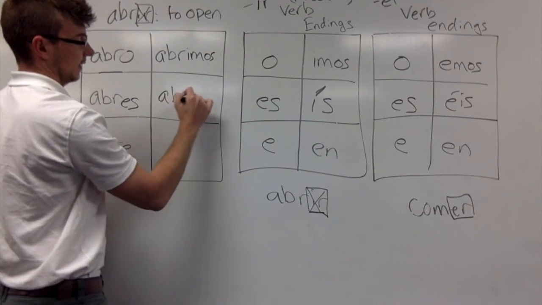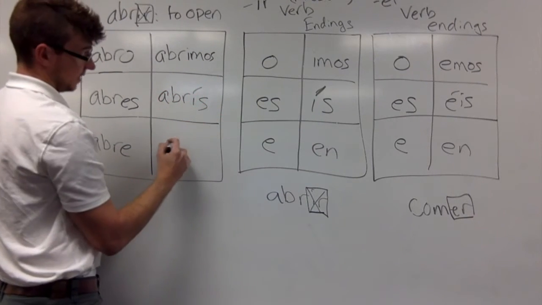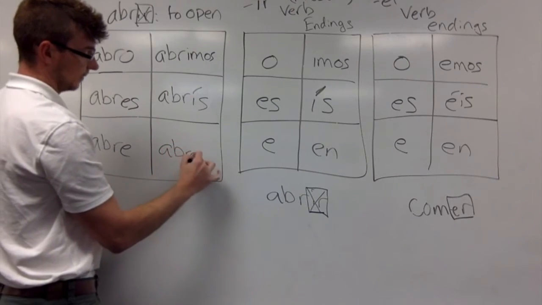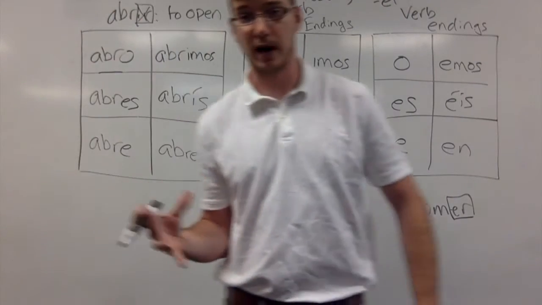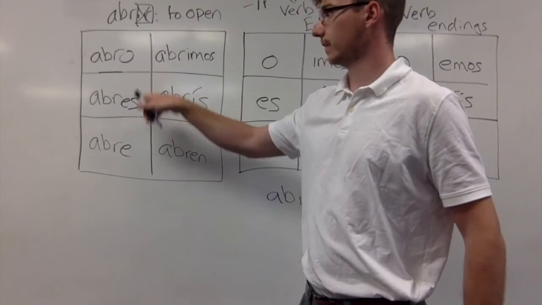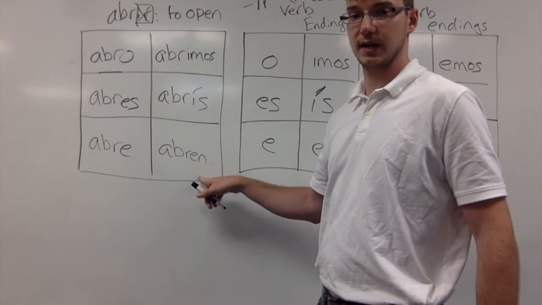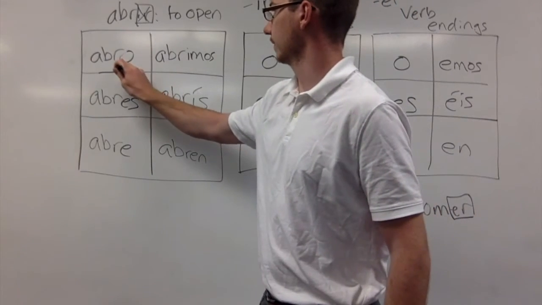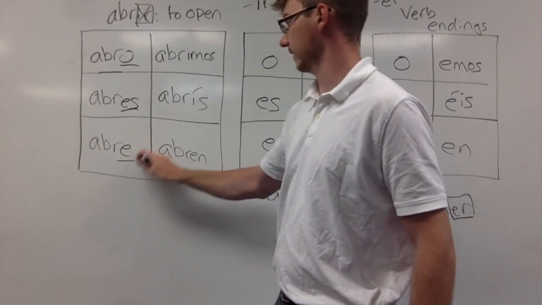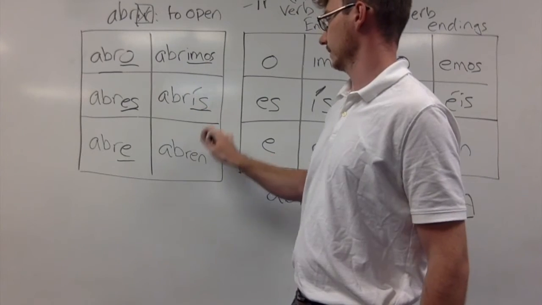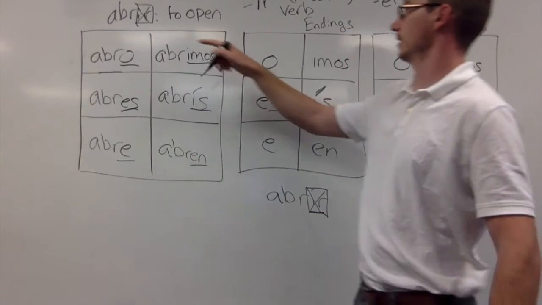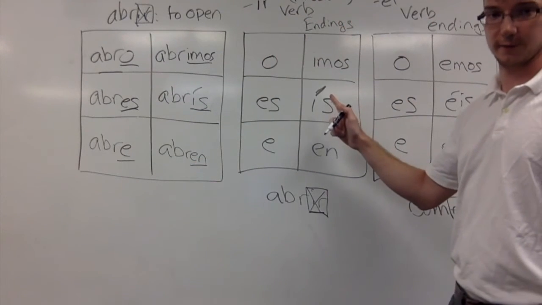Vosotros, ABR, Í with an accent, S, and then ABR, EN. So my end product is abro, abres, abre, abrimos, abrís, and abren. Notice the similarities, exact same thing with the verb endings.